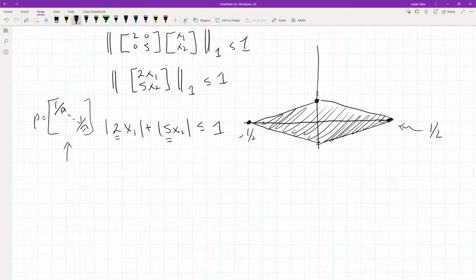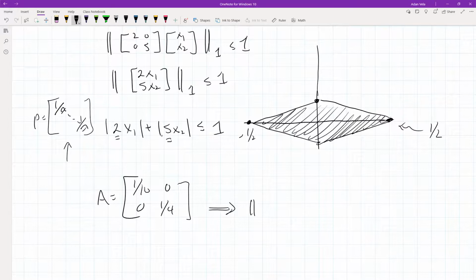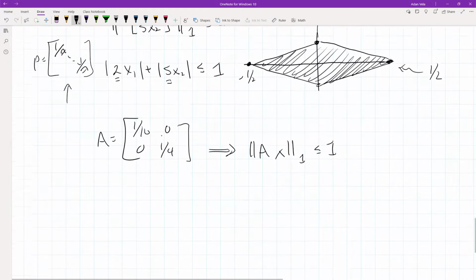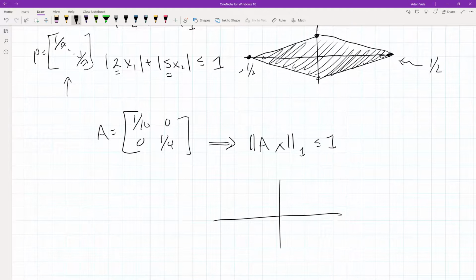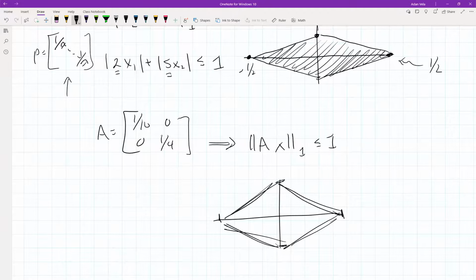So with this trick, let's say we just pick some arbitrary A, say 1/10, 0, 0, and 1/4. If we ask what the feasible space is for the L1 norm less than 1, it would be pretty straightforward. It would give us some sort of diamond, where this would be x1 equals 10, x2 equals 0.